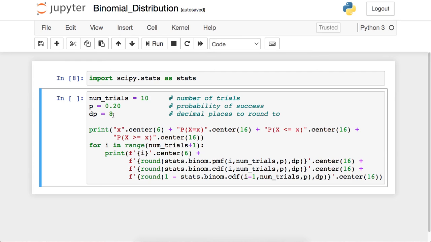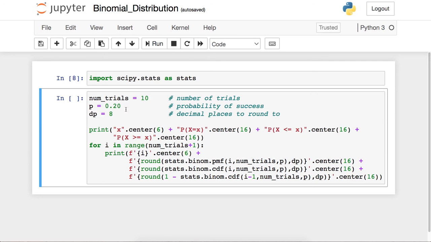This is the decimal place that our answers are going to round to, and everything else in here you can just leave as it is. So all you have to change is the number of trials and the probability of success. We have 10 questions, and our probability of getting a question right is 0.20. Make sure your probability is between 0 and 1.